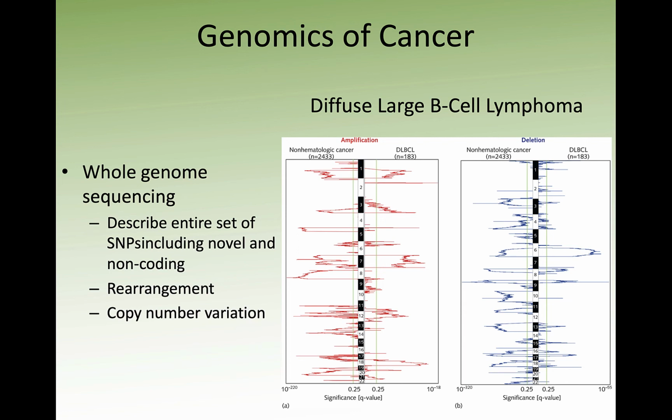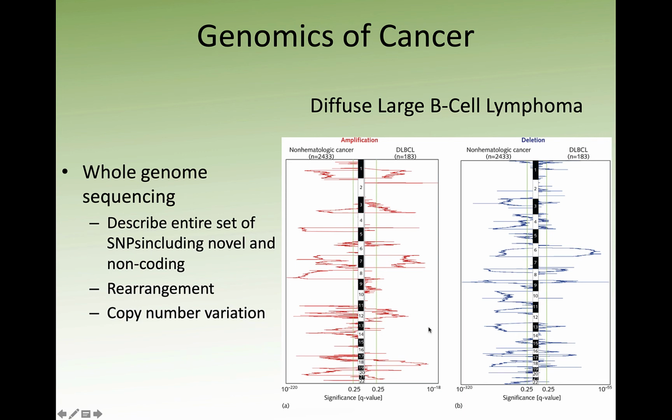or even between different types of cancers. For instance, if we're looking at something like diffuse large B-cell lymphoma and comparing it to some non-hematologic cancers, non-blood cancers, over here we have an amplification, an increase in copy number variant. On the right, we're seeing a decrease in copy number variant. We see specific profiles associated with diffuse large B-cell lymphoma that are a little different from other types of cancers.